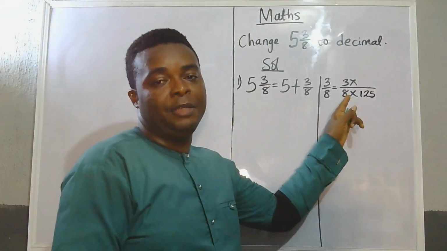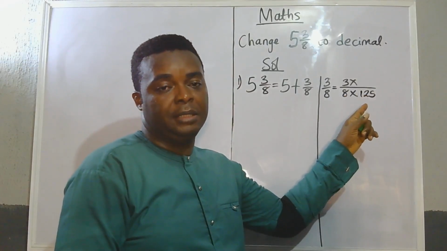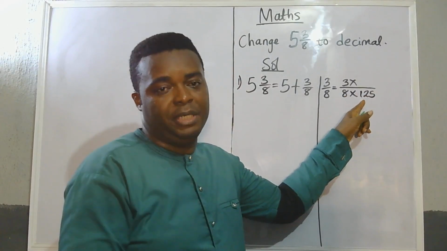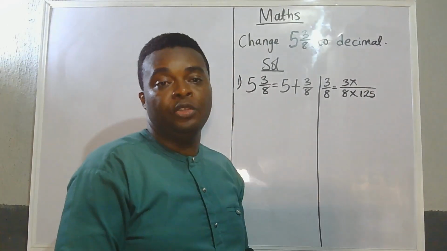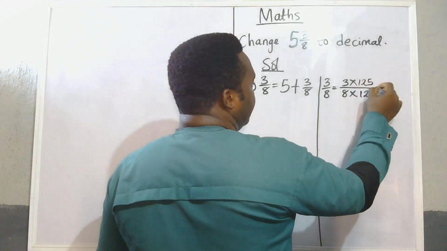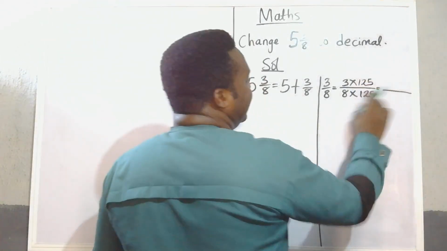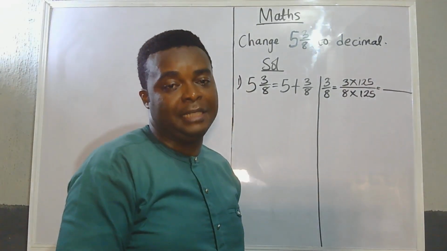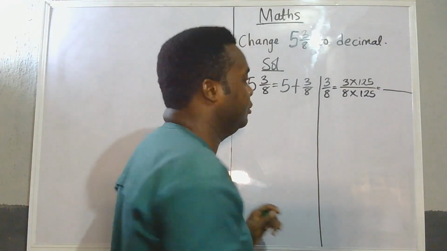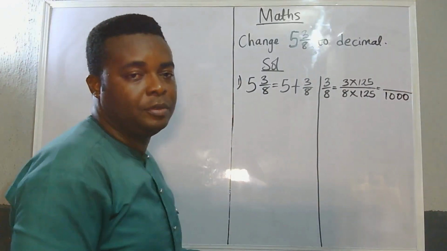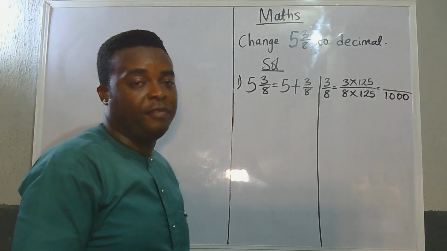Since I have multiplied 125 with 8, the denominator, I'm also going to use the same number to multiply the numerator. 125. Now, by the time I multiply 125 with 8, like I said earlier, I will get 1000. Now, what happens when I multiply 125 with 3?